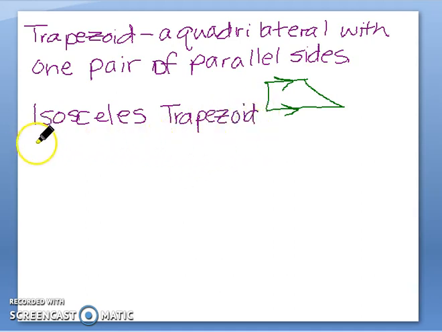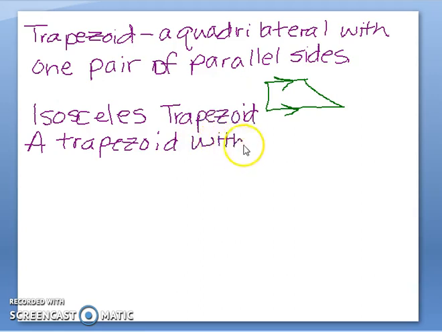Okay, an isosceles trapezoid is a trapezoid, meaning that it has one pair of parallel sides, with the non-parallel sides congruent.